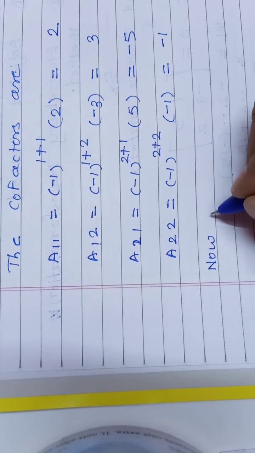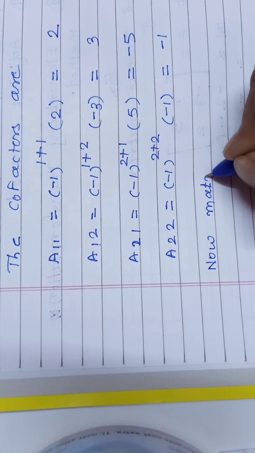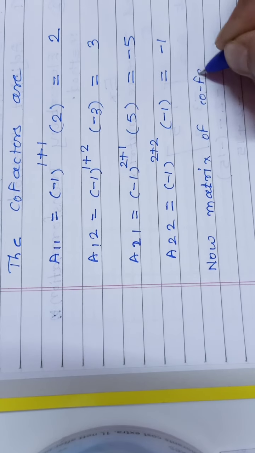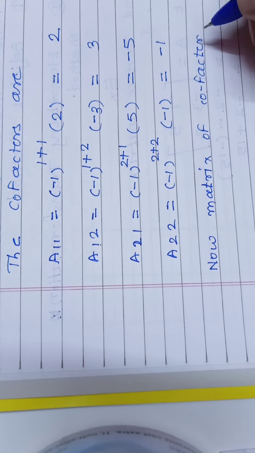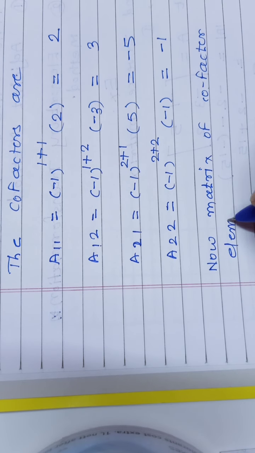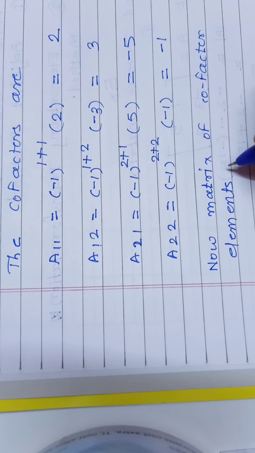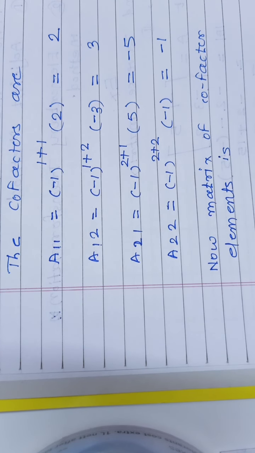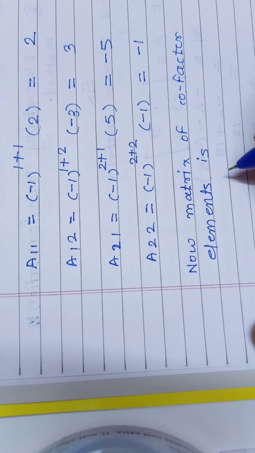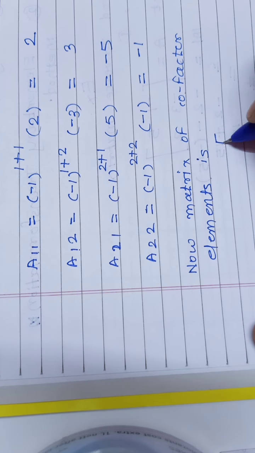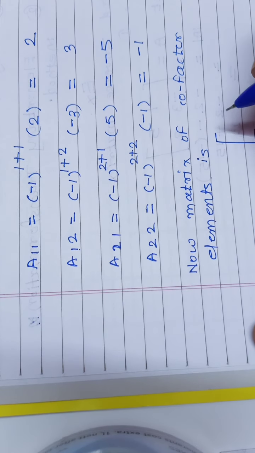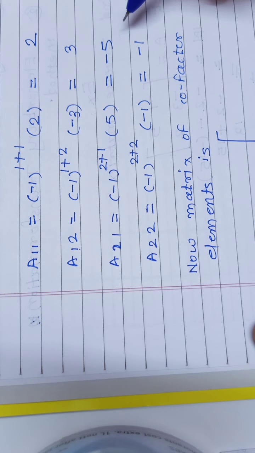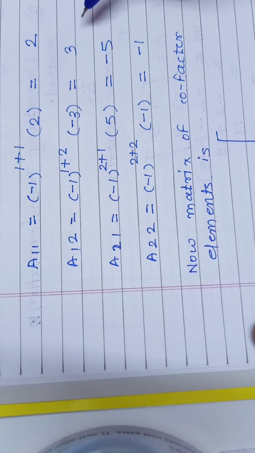Now the matrix of cofactor elements is, now we are arranging these cofactors row wise.